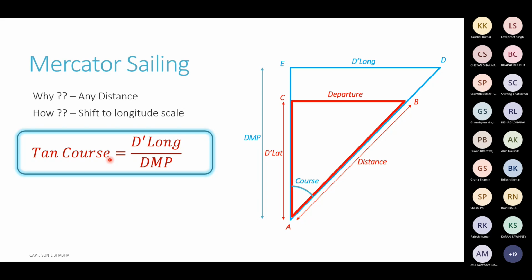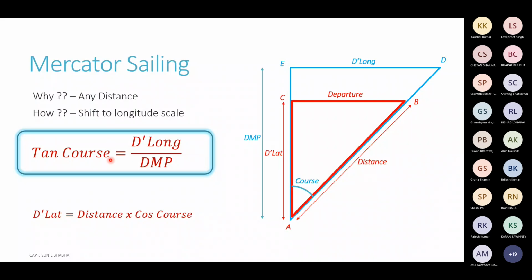What about the distance? As I said earlier, we have not defined the distance in this triangle, the bigger blue color triangle. So how do we calculate the distance? For calculating the distance, we go back to the plain sailing formula, that is d lat equal to distance cos course.